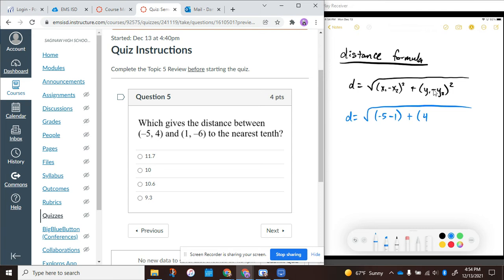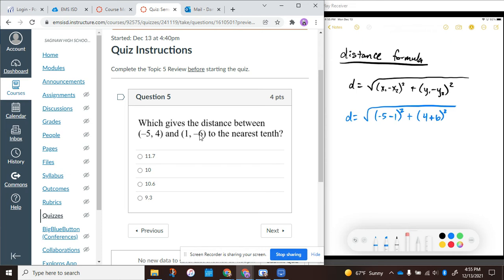Now you'll see that we've got y1 minus y2. If I'm subtracting 4 minus -6, that's the same thing as 4 plus 6. And make sure you're squaring both of those things when you type it in the calculator. If you don't square it, you're going to get a wrong answer here.